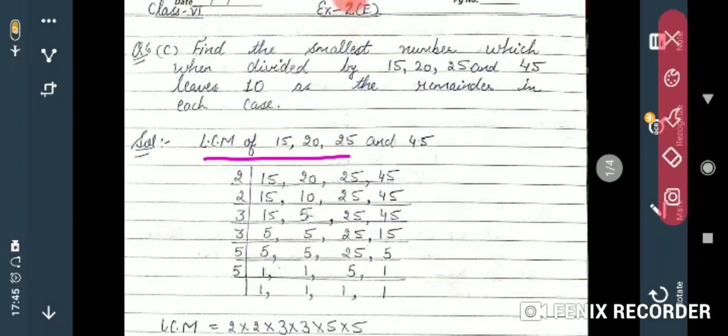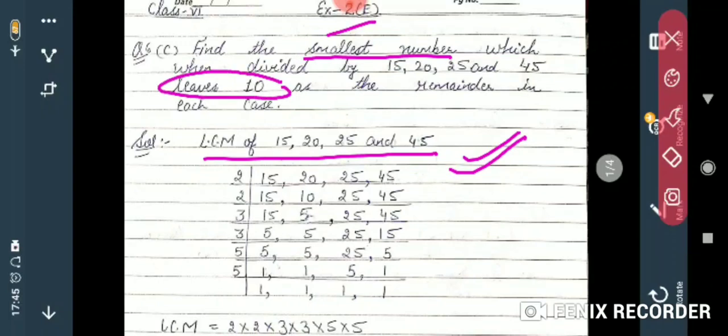Similarly, you have to find the LCM. And if it is written that you have to find the greatest number, you will find the HCF, highest common factor. But here, smallest number, so you have to find the LCM. Now how can we find the LCM when the remainder left is 10?